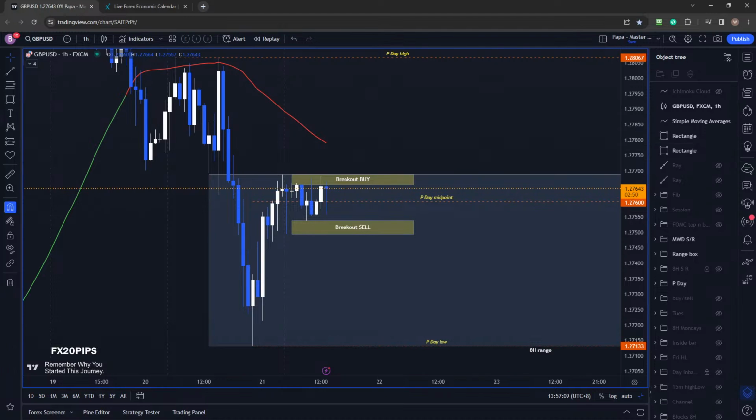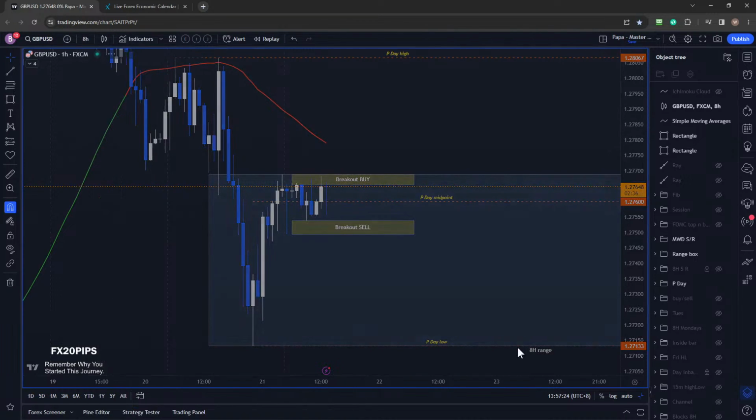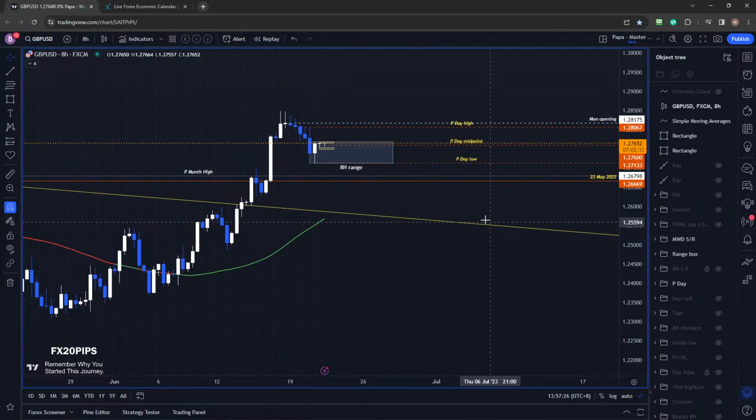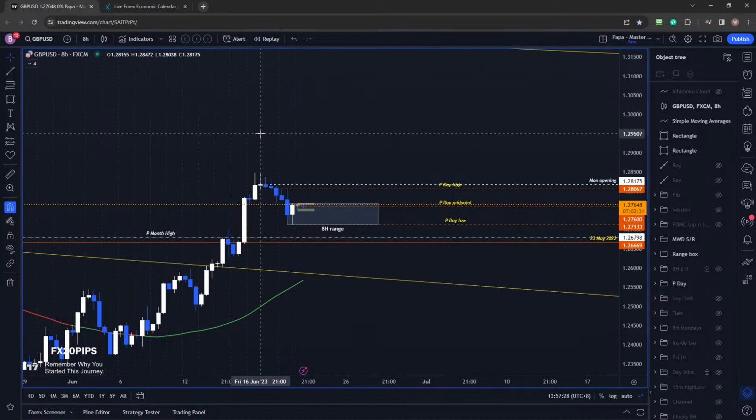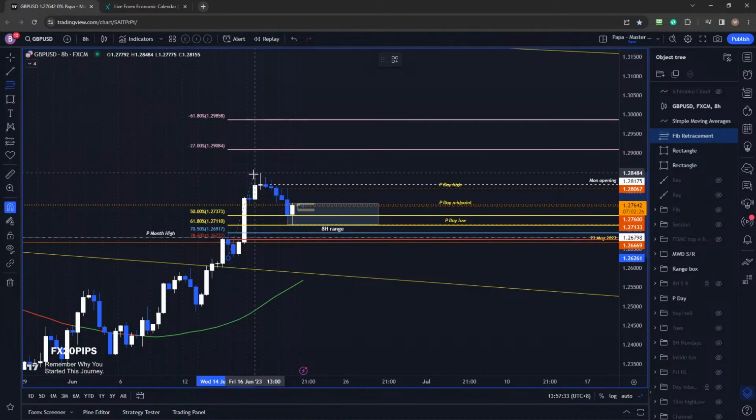Now I am only interested in buy, right, and I want to buy it at a much lower price. So basically what I'm trying to say is, on a higher time frame, my target is basically for price to drop further. You can see that yesterday with this bullish leg, the low is here, the high is here.